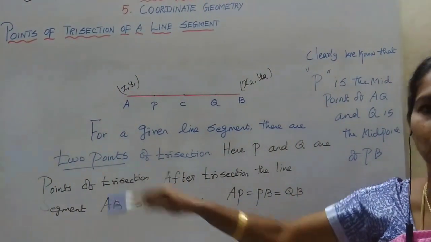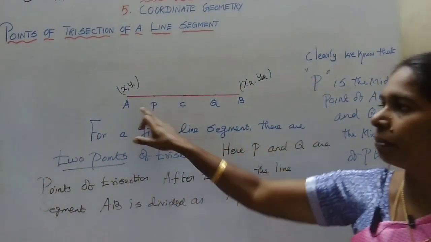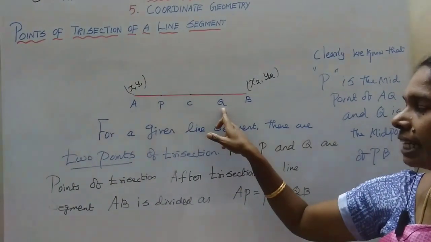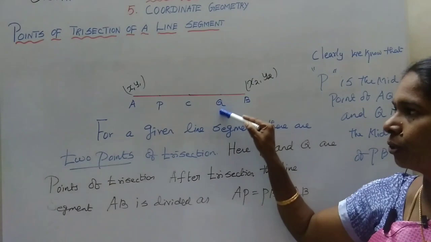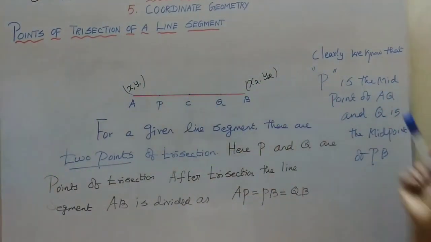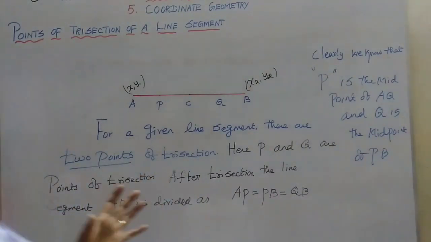Only 2 points give how many sections of a line? 3 sections. What are the sections? AP is one line segment, PQ is one line segment, QB is one line segment, and P is the midpoint of AQ and Q is the midpoint of BP. Clear? Okay. Next we are going to see the formula for trisection.